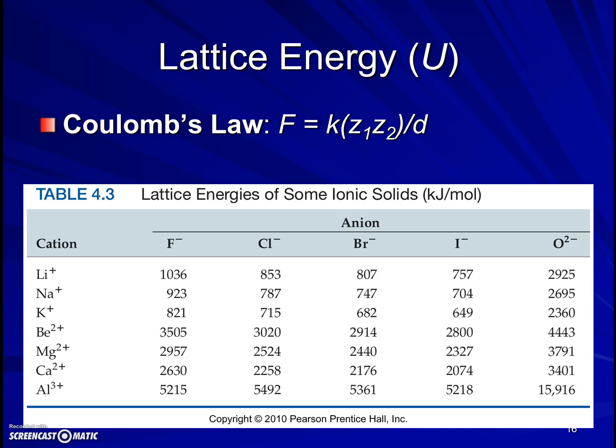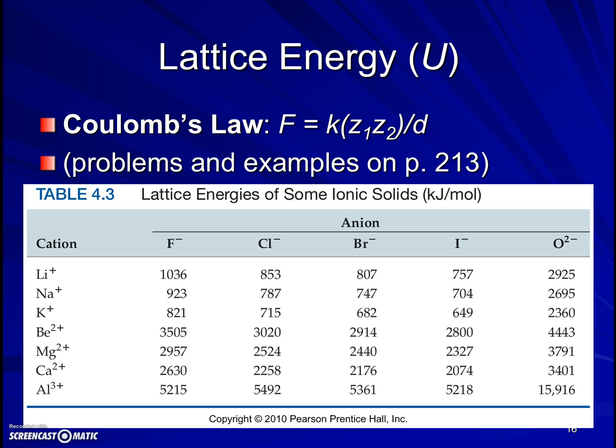Lattice energies can also be calculated theoretically as a force, where we have a force constant, and that force constant is multiplied by the two charges involved and then divided by the distance between the centers of those charges. So we would expect the lattice energy, and we can look at some examples in the book on this, to be larger, a larger negative number, larger and exothermic, for attraction between ions of larger charges.